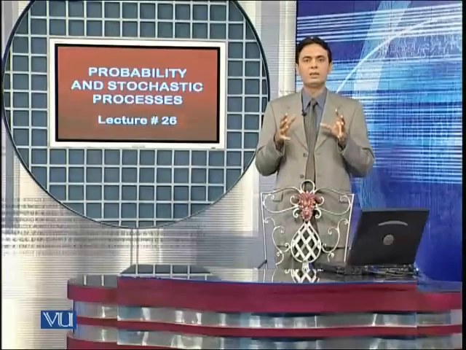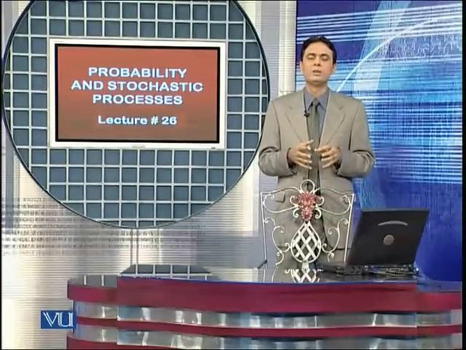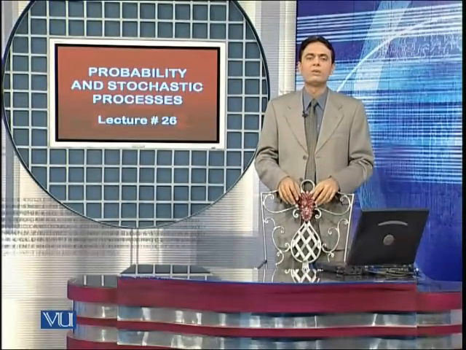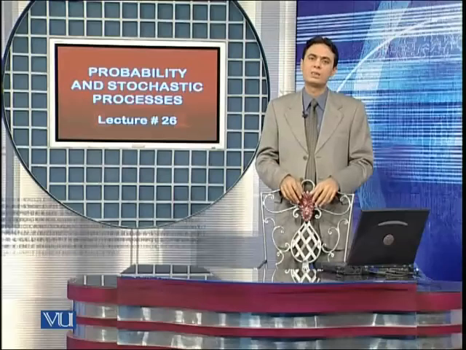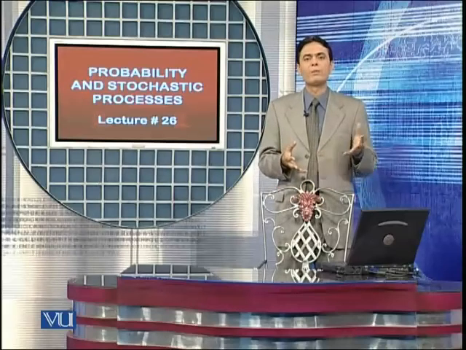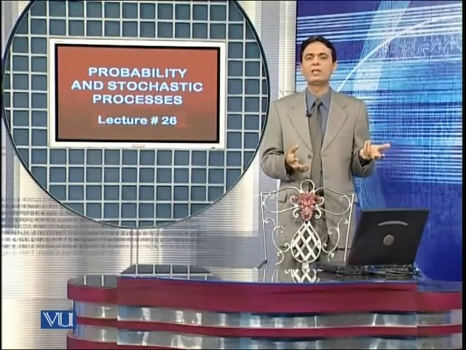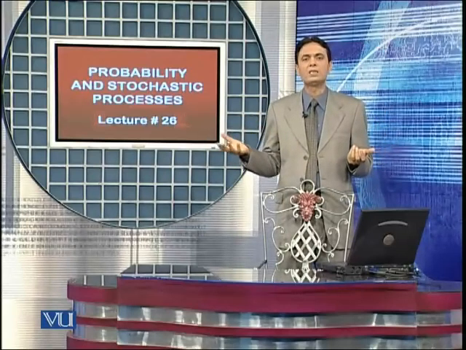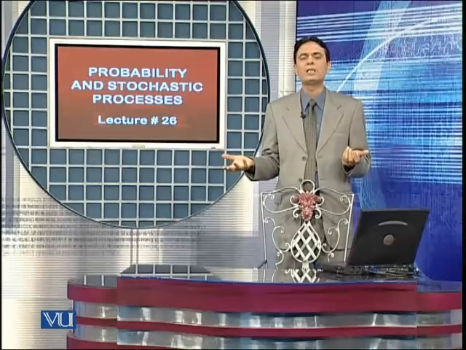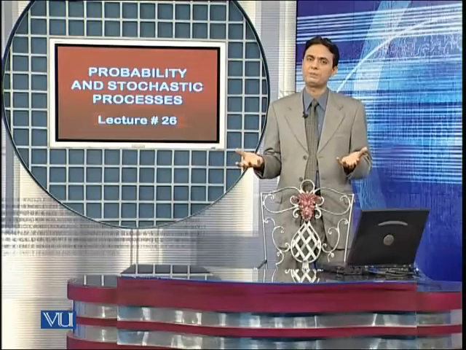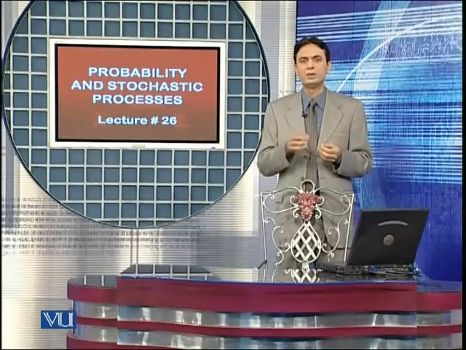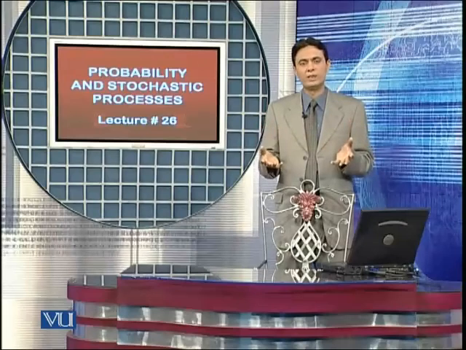We can apply this principle to other cases of transformation of random variables. For example, in previous lectures, we were discussing a pair of derived random variables u and v, which were defined in terms of a pair of underlying random variables x and y. And we assumed that all these mappings g, h, phi and psi were invertible.